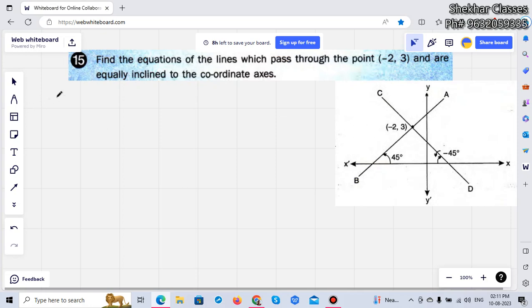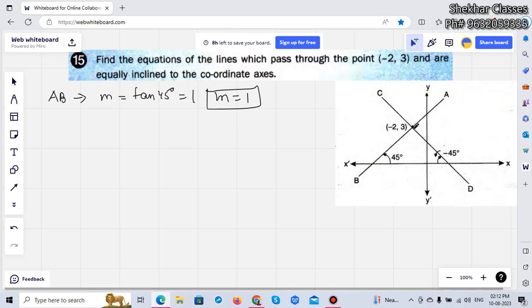Let's first find AB. For AB, what is the inclination? 45 degree. So what is the slope? M will be equal to tan 45 degree, which is equal to 1. So we get M equal to 1 for the line AB.